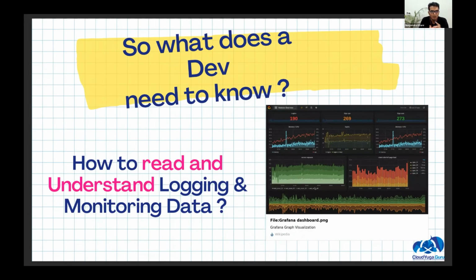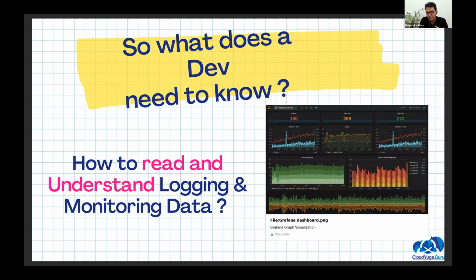A developer needs to know how to read this data and understand what's happening, because things are now going all over the place, different services and so on. So we do a correlation of that, and of course, we have tools for doing that. The developers may be the best people to read this data and work with the ops team to see what may be going wrong, because things go wrong all the time. Things are not perfect for sure.